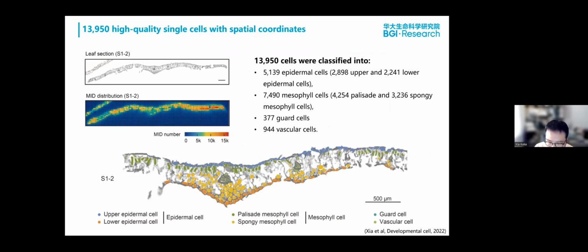Based on histologic features and their spatial information in the leaves, the cells were classified into 6 major cell types: upper and lower epidermal cell, palisade and spongy mesophyll cell, guard cell, and vascular cell.